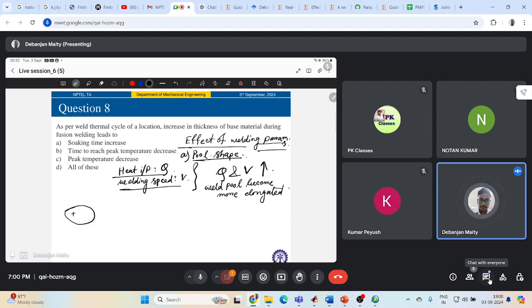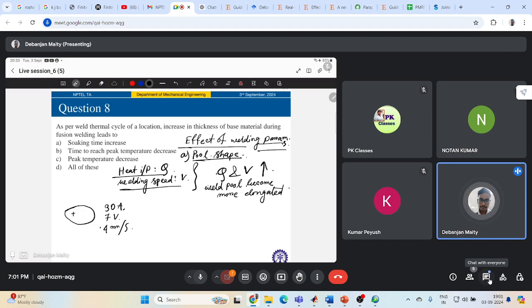Let's say this is some 30 ampere, 7 volt. I am providing some absurd values, and this is at 0.4 mm per second.